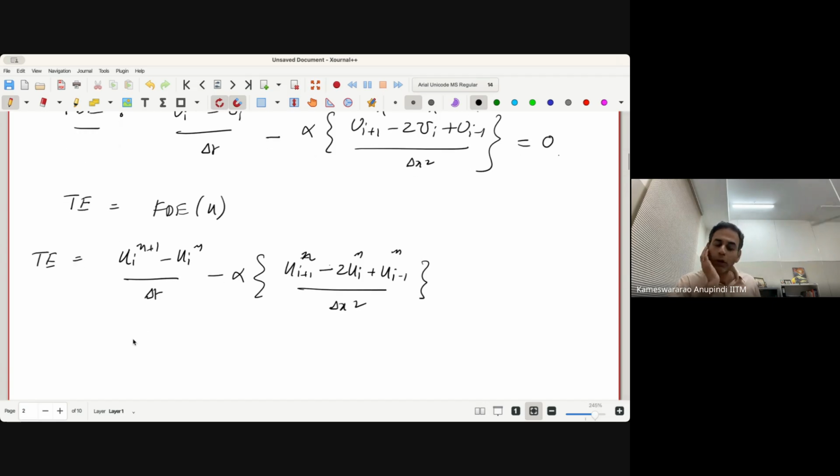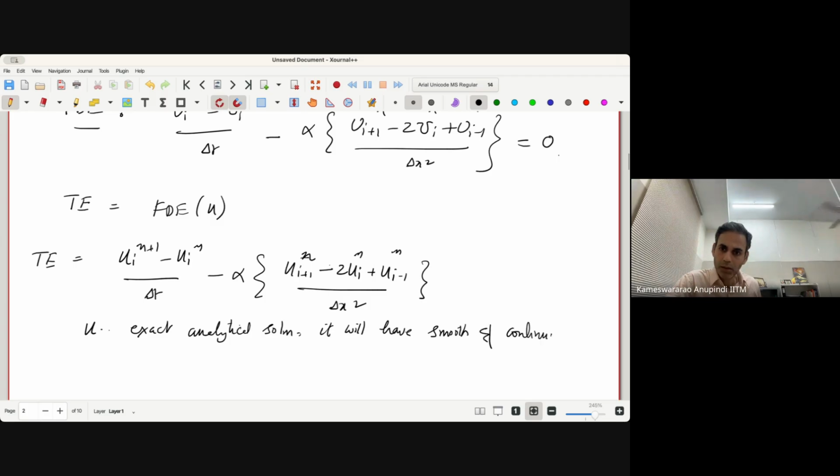Now we know that this little u is the exact analytical solution. As a result, it will have smooth and continuous derivatives with respect to space and time.